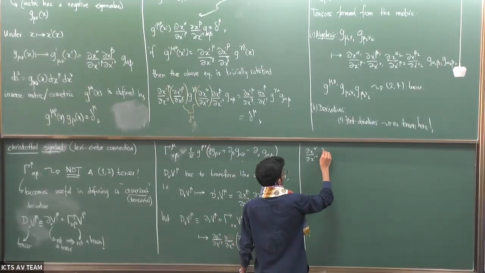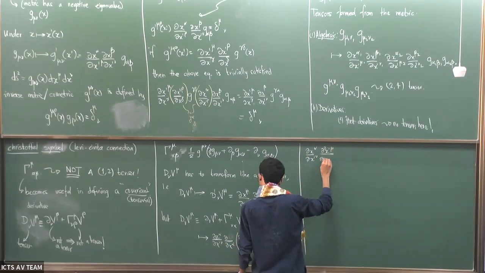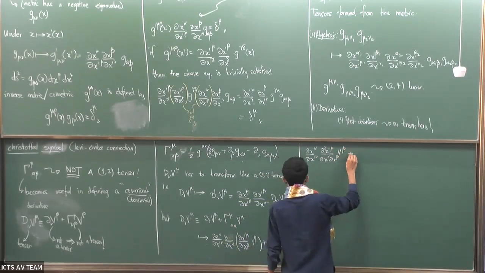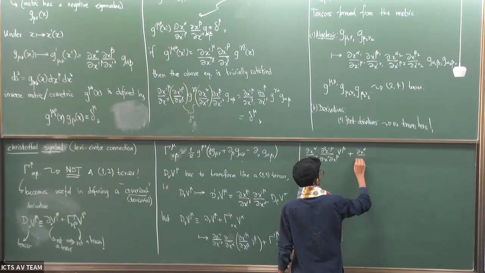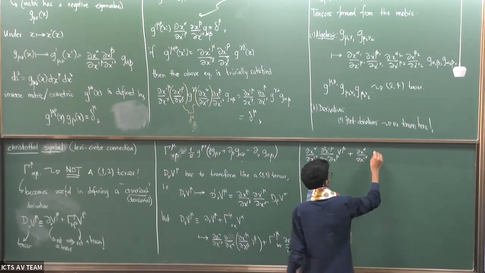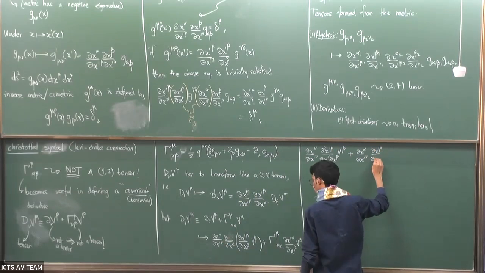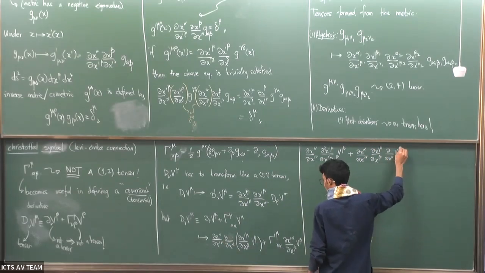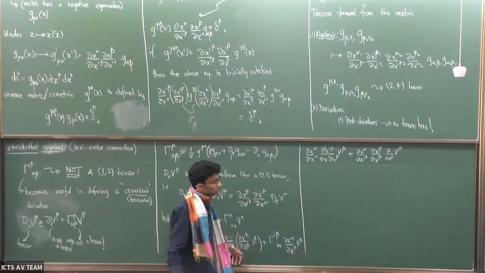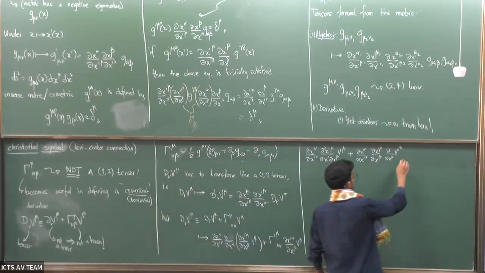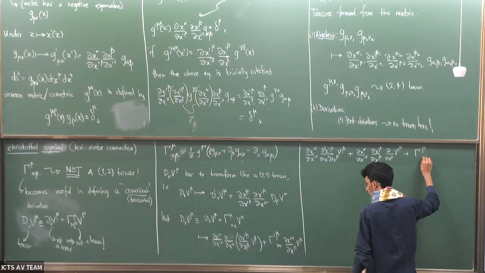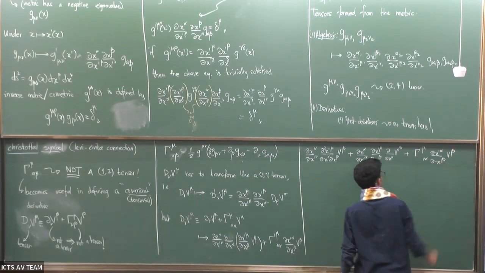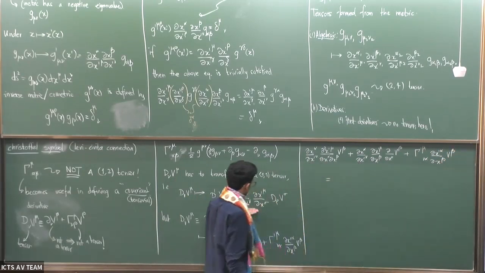Let me know if I make a mistake. The system, plus, which should be equal to the 1-1 tensor transformation.